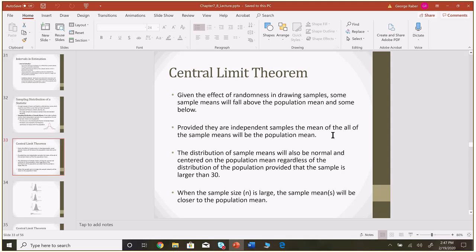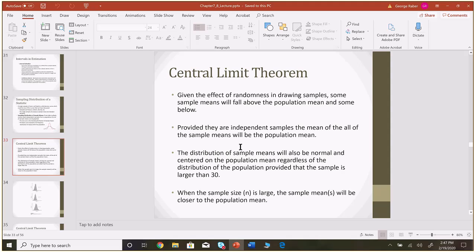But if we took a theoretically large number of samples and then calculated the mean of those samples, the overall mean should be the population mean. And further, the distribution of those sample means should be normal.